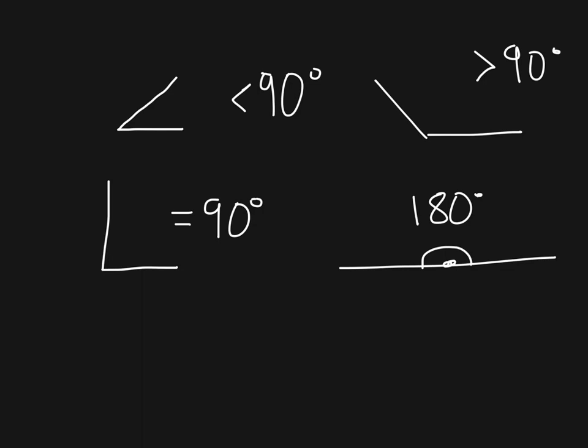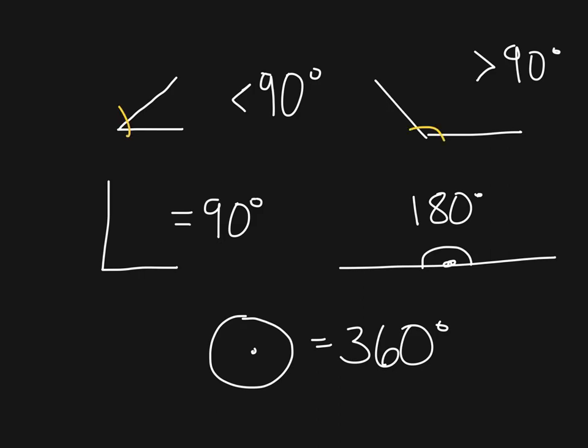We also know that all the angles around the point of a circle would equal 360 degrees. And when we're talking about angles, we're talking about the arc that is created with the opening around that vertex. A right angle is typically always marked with that box in the corner. So even if it is not drawn perfectly, like mine is not drawn perfectly, you can assume that it is a right angle because of that box symbol at the angle vertex.